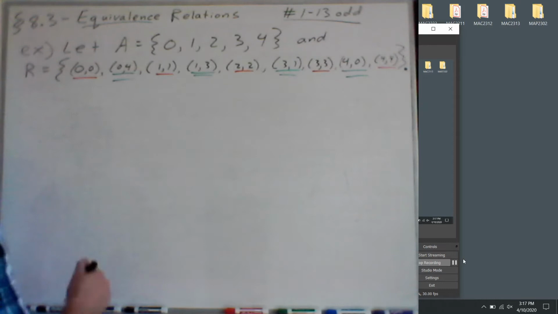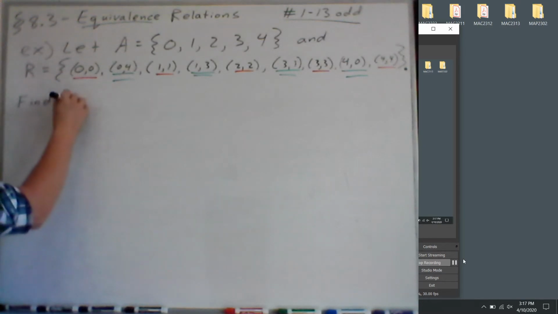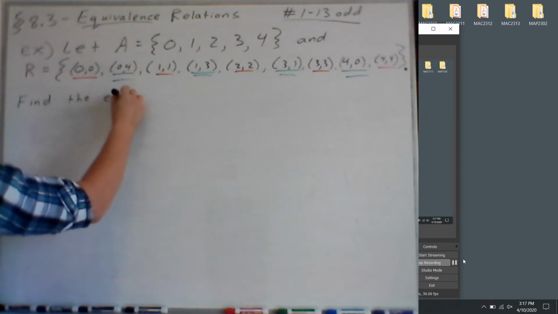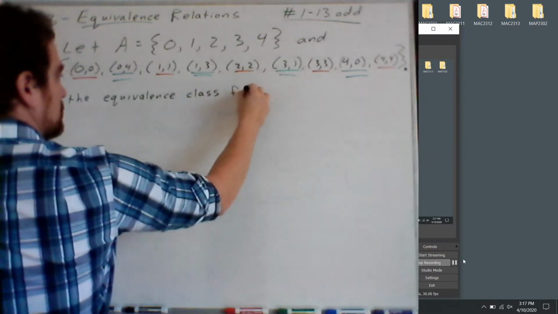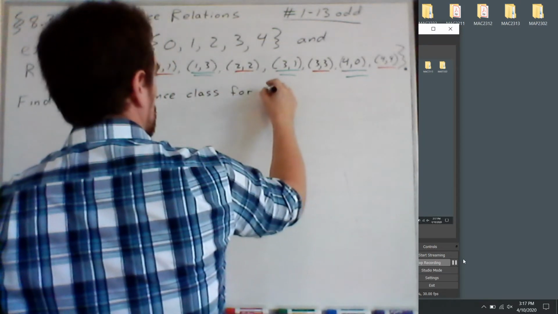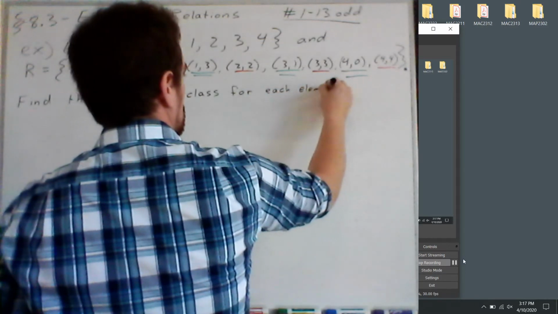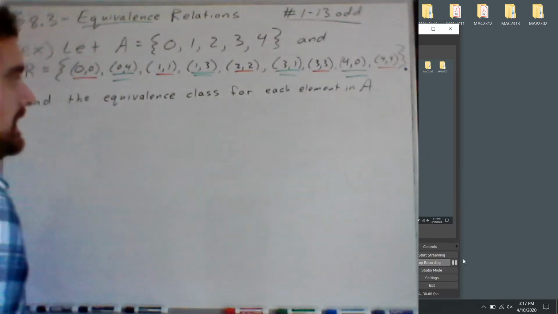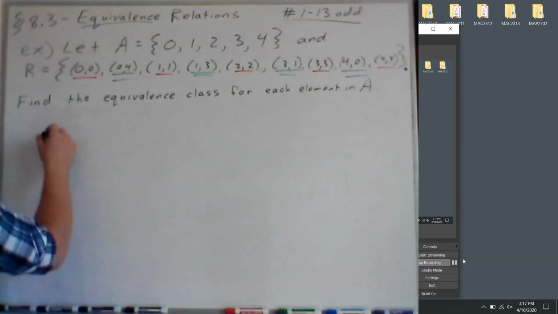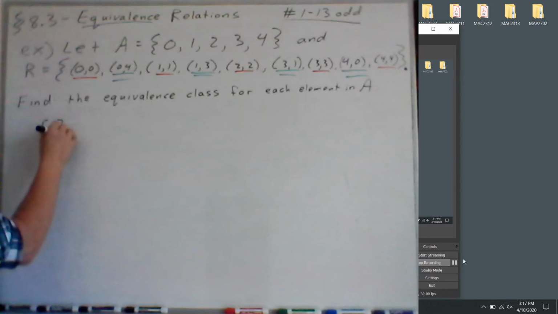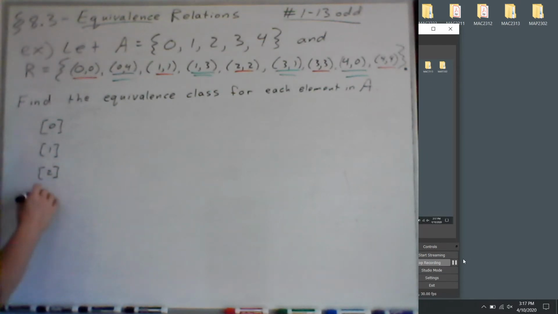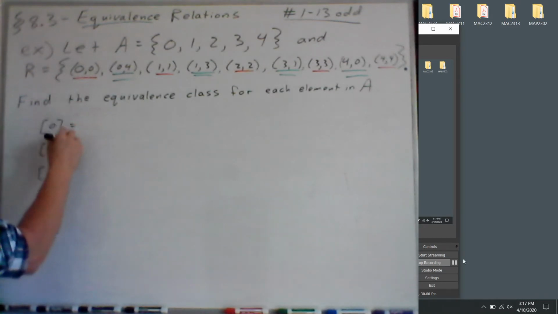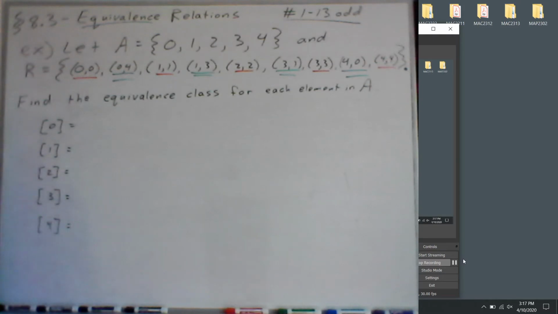Now we can find the equivalence class for each element in set A. What that means is we need to find the equivalence class for 0, the equivalence class for 1, the equivalence class for 2, the equivalence class for 3, and the equivalence class for 4. Right, and these are all going to be sets.